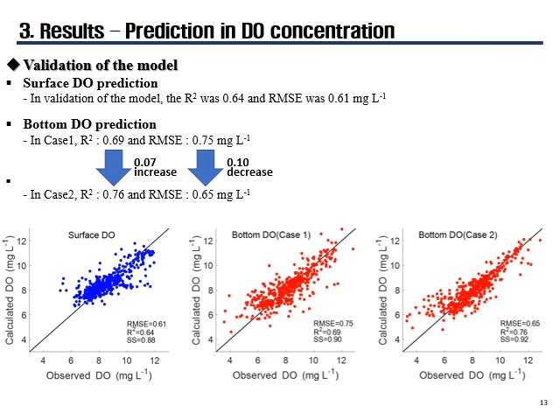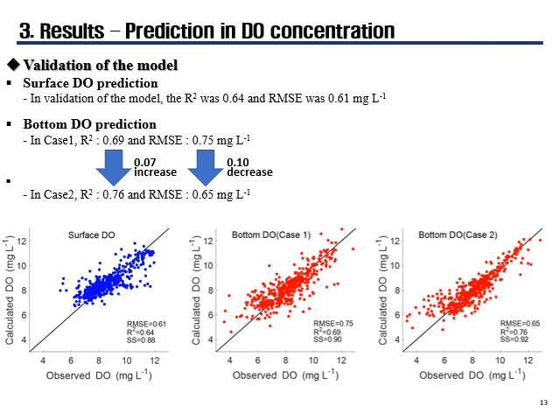And then next is the prediction of DO concentration. First, the validation measure. In surface DO prediction, the R squared was 0.64 and the RMSE was 0.61. And in bottom DO prediction, in case 1, which uses satellite data only as a predictor, the R squared was 0.69 and RMSE was 0.75.